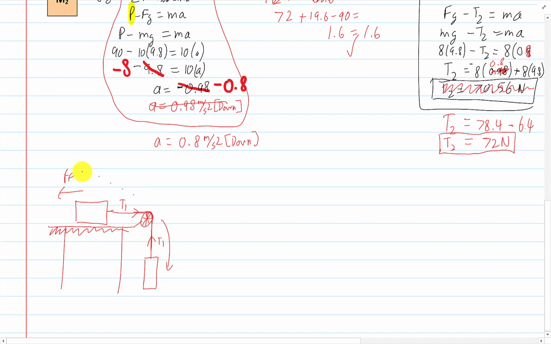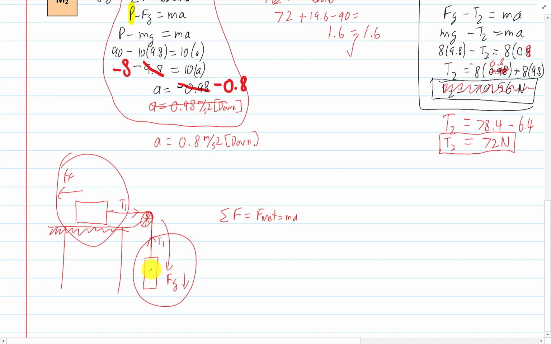So there's no pull force. There is a force of gravity pulling down on it, and the force of friction pulling back on it. But the force of friction is only acting on this one, and the force of gravity is only acting on that one. So if we looked at the whole system, the sum of the forces is F net equals MA.